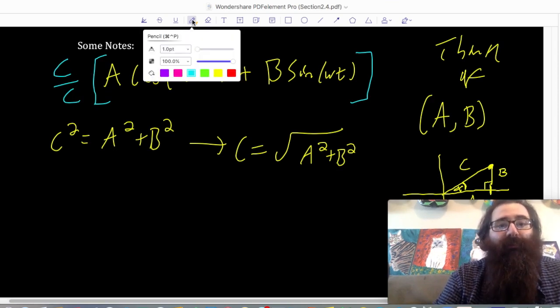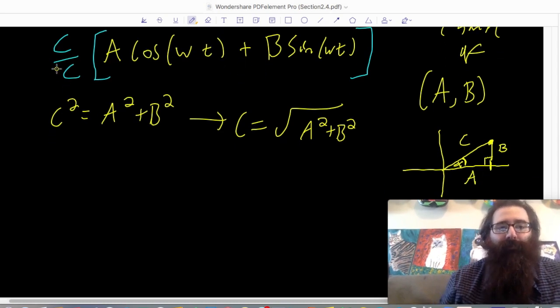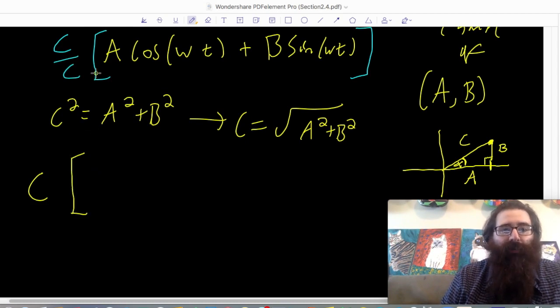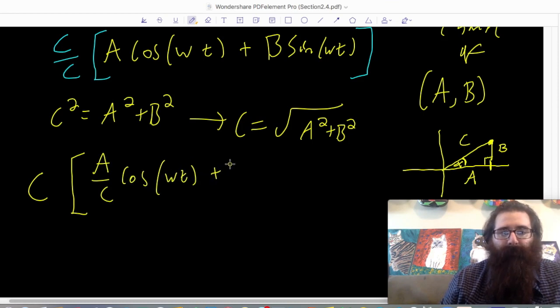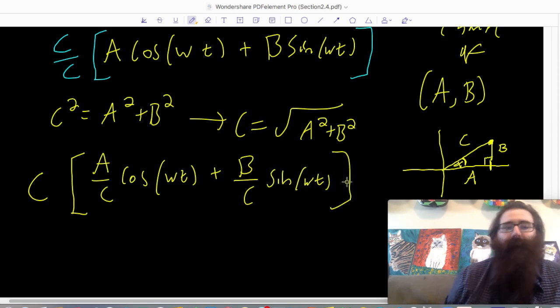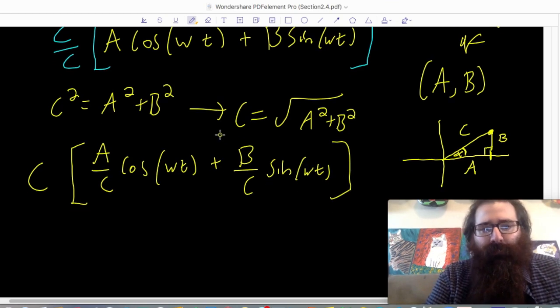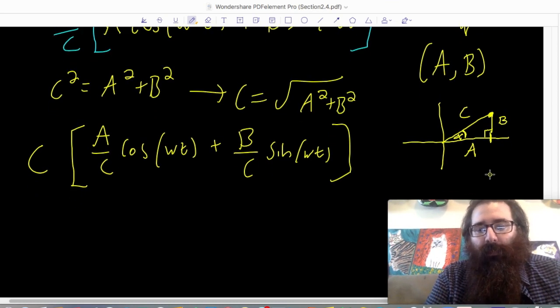Now when I do this, I want to leave c out in front, but the divided by c, I want to distribute that in. So then I have a over c times cosine of omega t plus b over c times sine of omega t. We chose c so that it was the hypotenuse of this right triangle that we create when we plot a comma b in the Cartesian coordinate system.